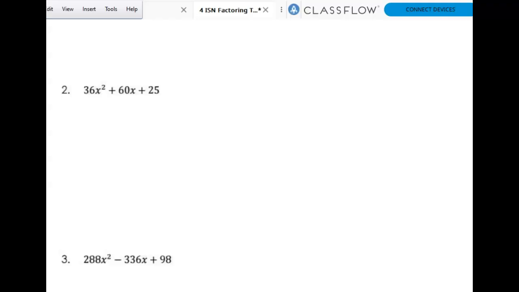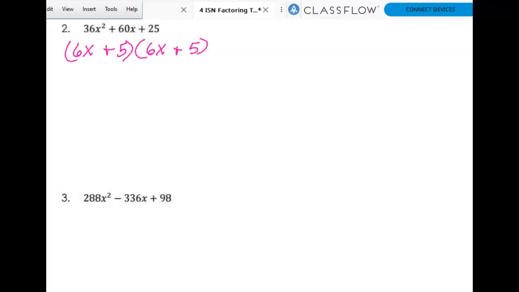So before you do that, ask yourselves, are they perfect squares? So we're going to do our 2 parentheses again. The square root of 36 is 6, and the square root of 25 is 5. And then I'm going to put a plus and a plus. Let's see if it worked. 5 times 6 is 30, plus 30 is 60. Okay.